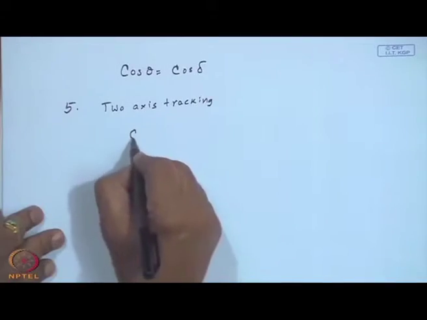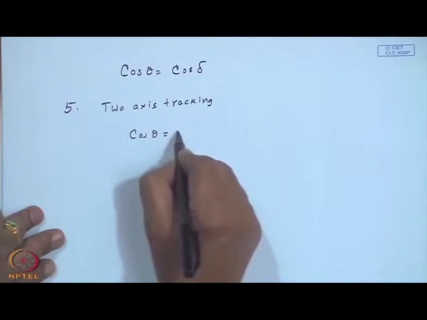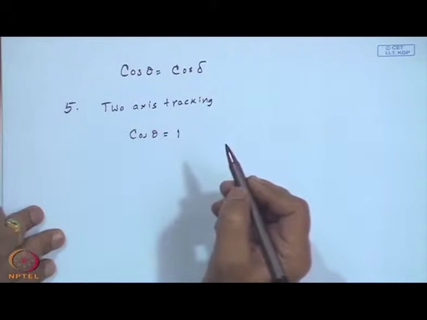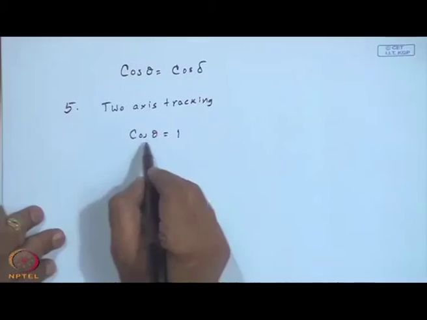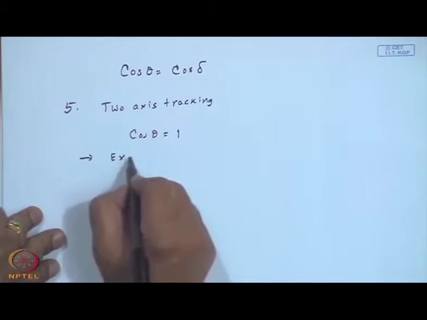So, cos theta will be equal to 1 all the time. That means theta is equal to 0 degrees, which means the sun's rays will coincide with the outer normal to the surface.